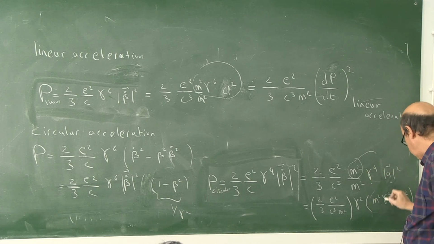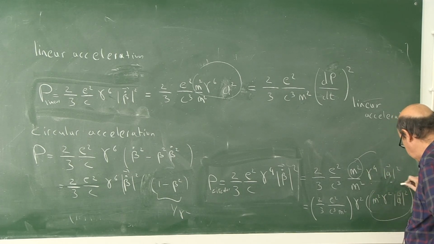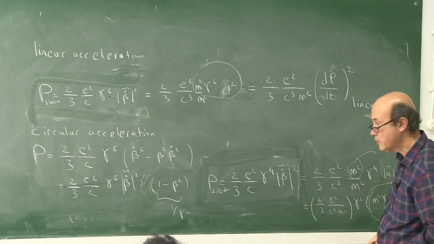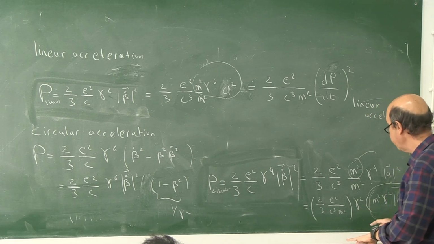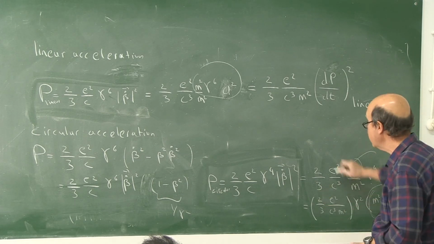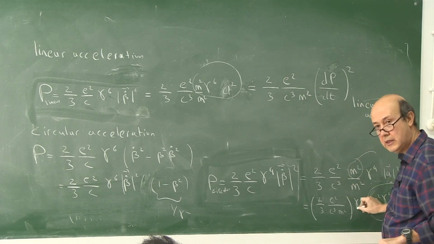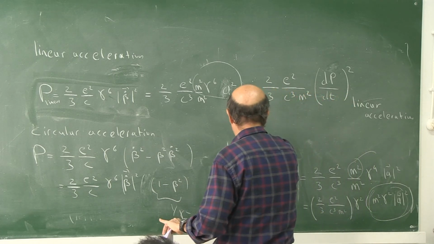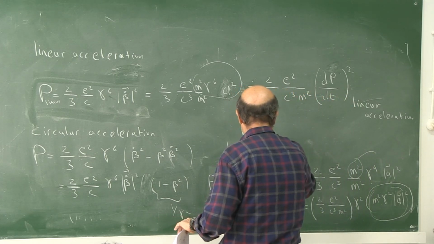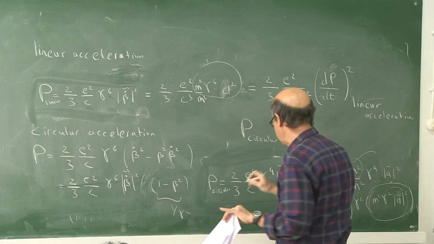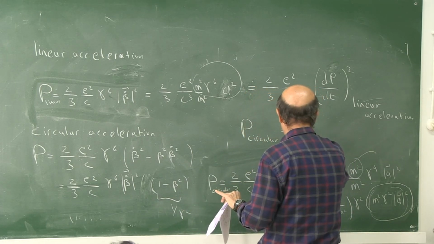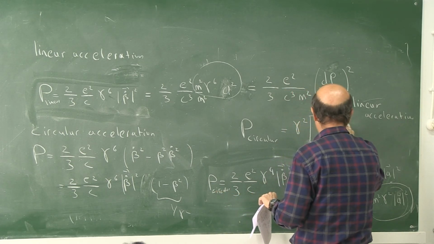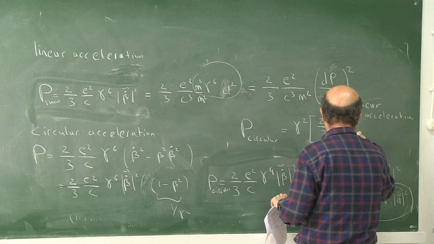M square gamma square a square, the square of the force. So if you make a relation here, this term is the same as in the linear case. We have a gamma square here, and this gamma square is very important. So the total power for the circular one, if you apply a constant force, will be gamma square times 2 over 3 e square over c cube m square.